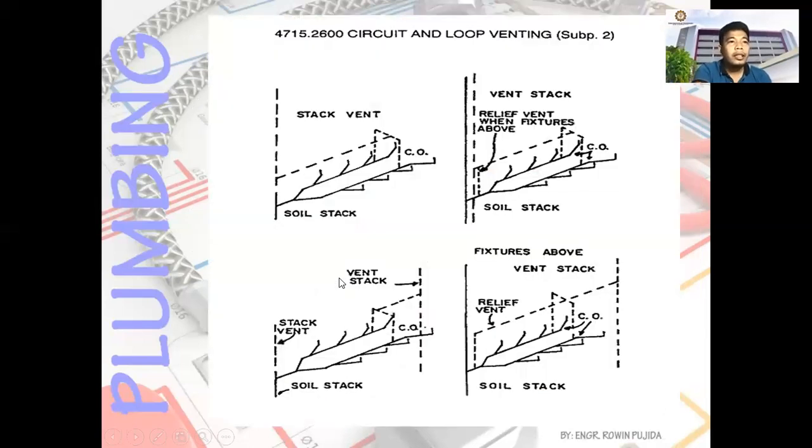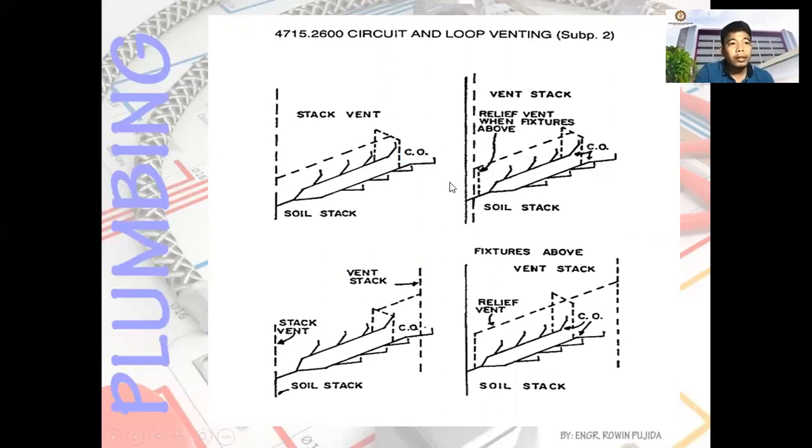Okay. Another circuit venting and loop venting illustration. This one, the broken line, is the vent system. So from the stock vent, you can have the circuit venting, since there are battery fixtures provided, since you have here the traps of the circuit venting.